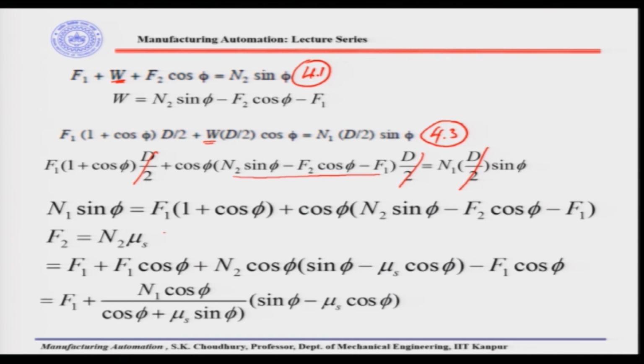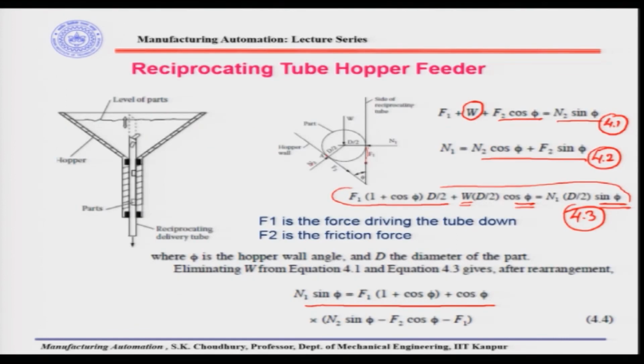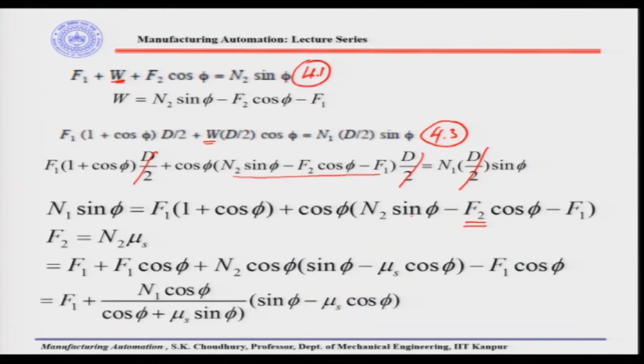Now, F2 is equal to N2 into mu s. What we are saying is that F2 is the friction force because of the N2, which is the normal force. Therefore, F2 is equal to N2 into mu s. We are putting that value of F2 as N2 into mu s, and simplifying we are getting this equation.